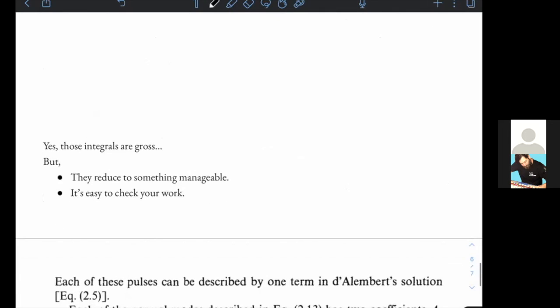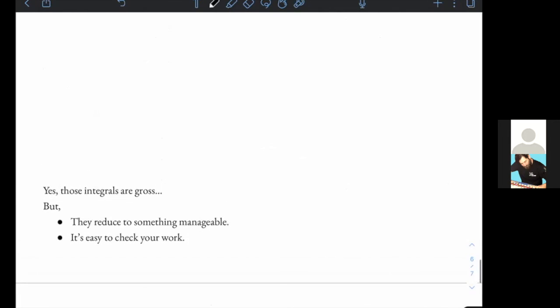Yes, those integrals are gross. You saw that today in class. They're unwieldy and they have many terms, but they reduce to something manageable. So if you end up with 11 terms at the end, you've done something wrong and you need to go back. They do simplify into something pretty manageable.